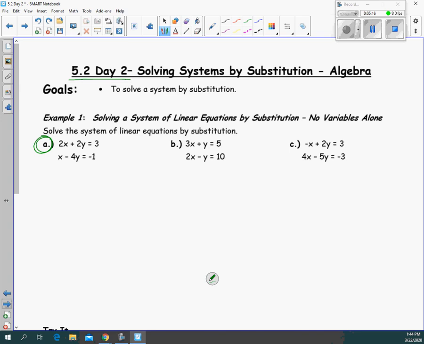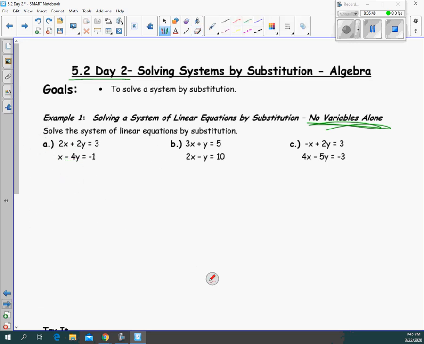That's what we pick. With this one, you'll find, hey, no variables are all alone. I have a 2x, I have a 2y, I have a 1x, and I have a negative 4y. There's no variable that's all by itself, meaning like an x equals something, or a y equals something. That's what we want, because then we just substitute that in. But we don't have that in any of those cases.